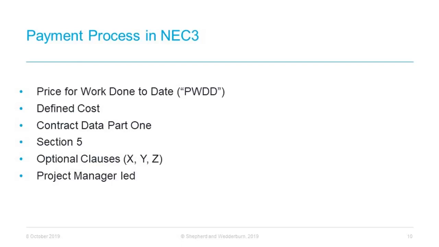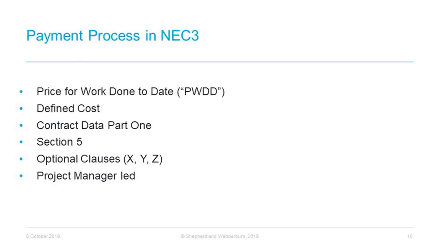Similarly, for option B, you pay for quantities of completed work measured at bill of quantities rates and proportions of lump sums. Under options C through to F, you pay the defined cost of work done plus fee, which you will note is not linked to the activity schedule or bill of quantities.